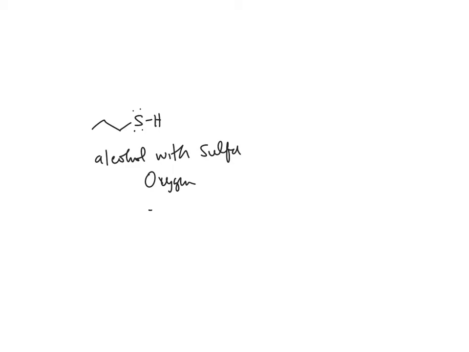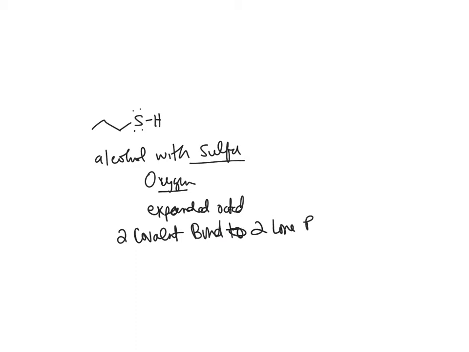So sulfur has an expanded octet because it's in row 3, so it can do things that the alcohols can't do, but it also behaves a lot like alcohol. You can think of it as forming 2 covalent bonds plus 2 lone pairs for its what I call happy atoms, meaning no formal charge.